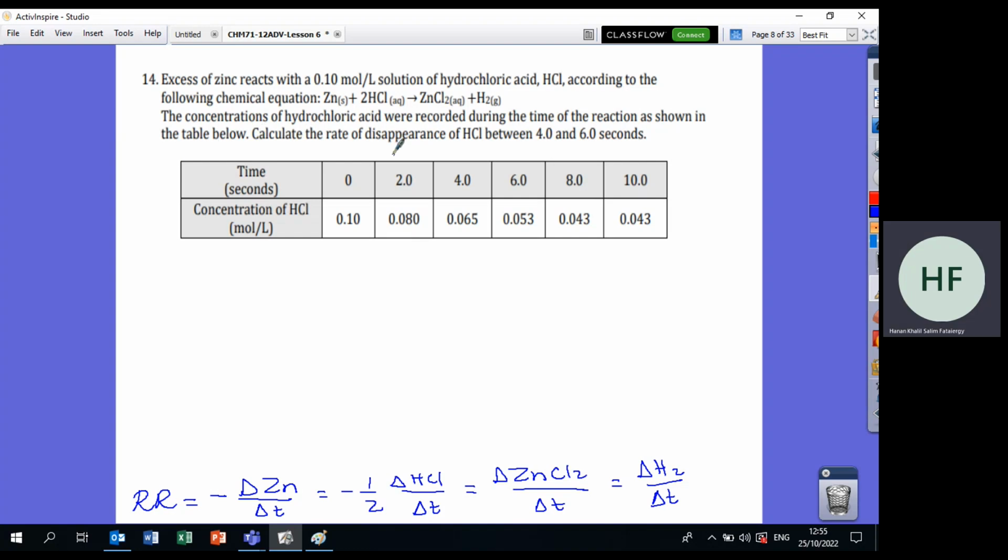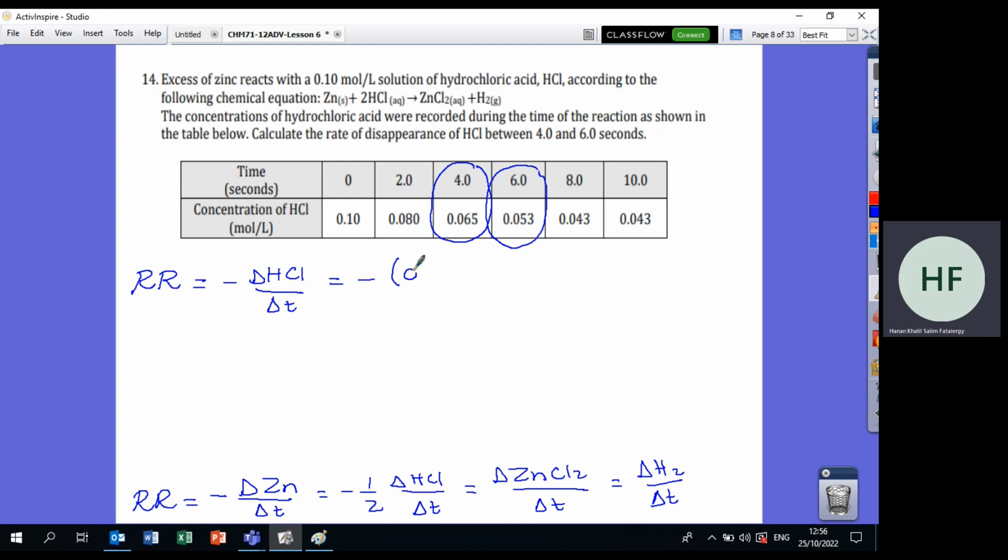Now the question is: calculate the rate of disappearance of HCl between 4 and 6. So I will be looking at 4 seconds and at 6 seconds. Something very important that students did last year and they lost marks for: they said RR equals minus delta HCl over delta T, since HCl is a reactant.